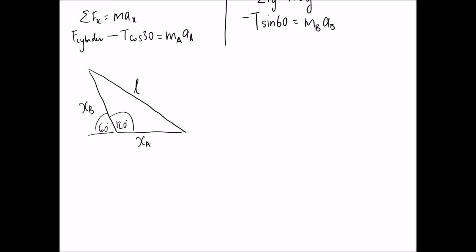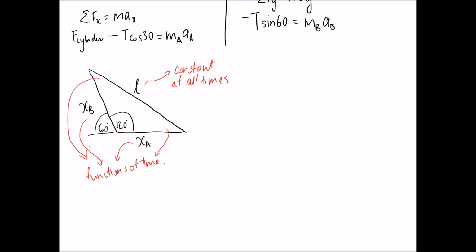So this is constant at all times. xa and xb are going to be functions of time, same with the angle here and the angle here. They're going to change depending on what the xa and xb lengths are. And that 120 degrees is going to be constant at all times too. So this is going to tie into when we take the derivatives in a second.